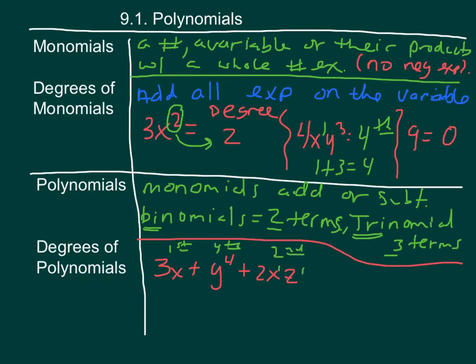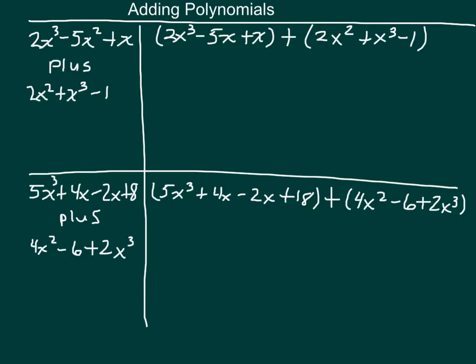So since this is the biggest one right here, this is a fourth degree polynomial. So we name it by the biggest degree monomial. Okay, let's take a look at the next slide.